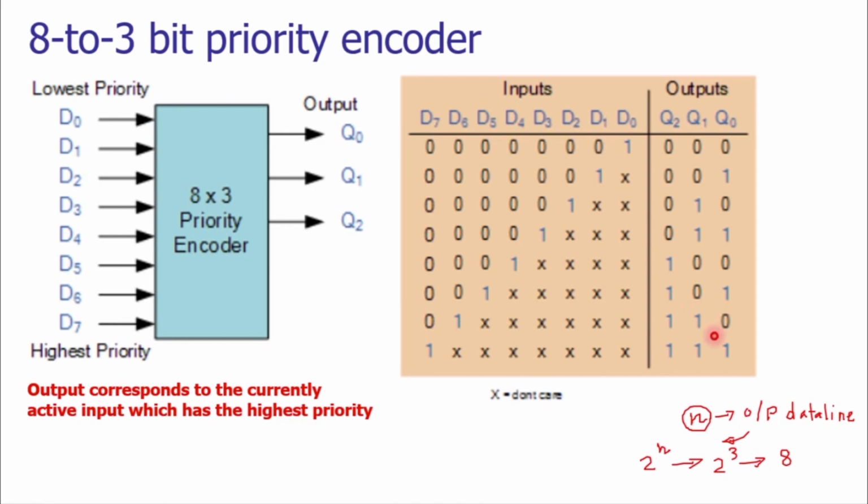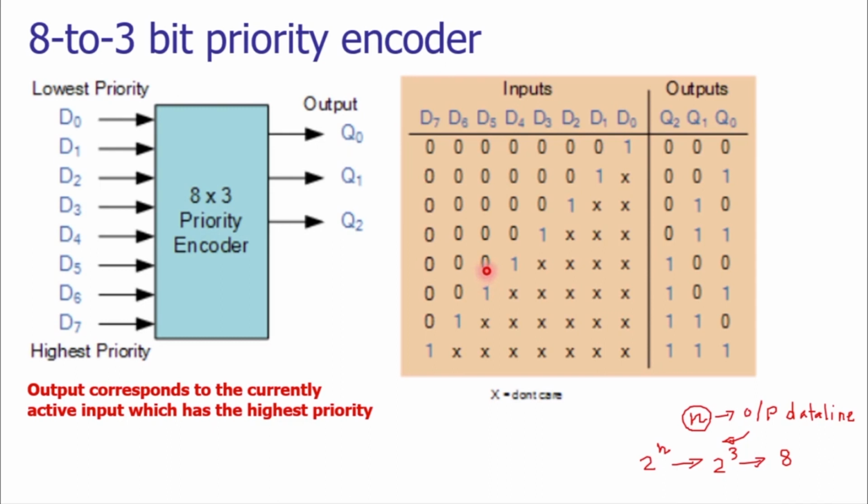So in this way we can say that the output is corresponding to the currently active input which has the highest priority. So in this case, the currently active input is D4. So this row, the currently active input is D4 and it has the highest priority for this row. So accordingly, we are getting the output as 100.